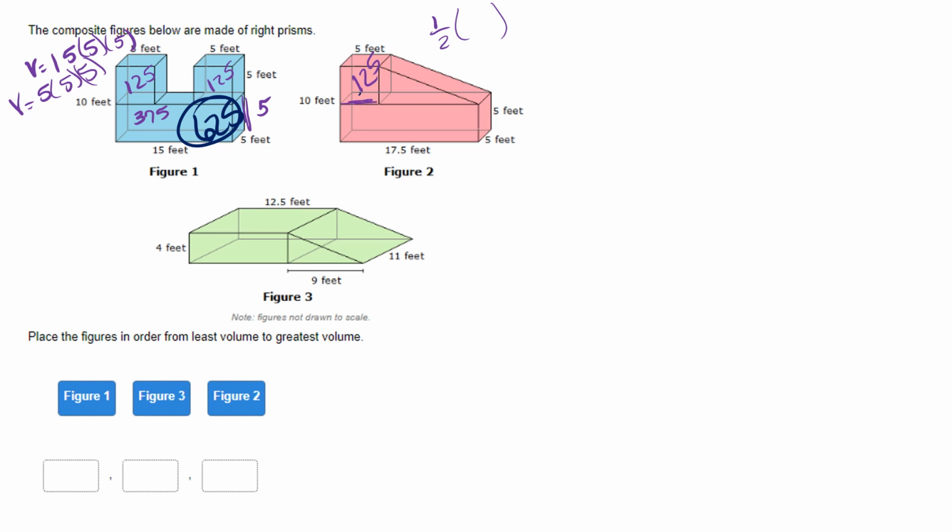The whole thing is 17.5, so 17.5 minus 5 gives me 12.5 for here. It's 5 tall and 5 wide. So I'm going to multiply 5 times 12.5 times 1/2.